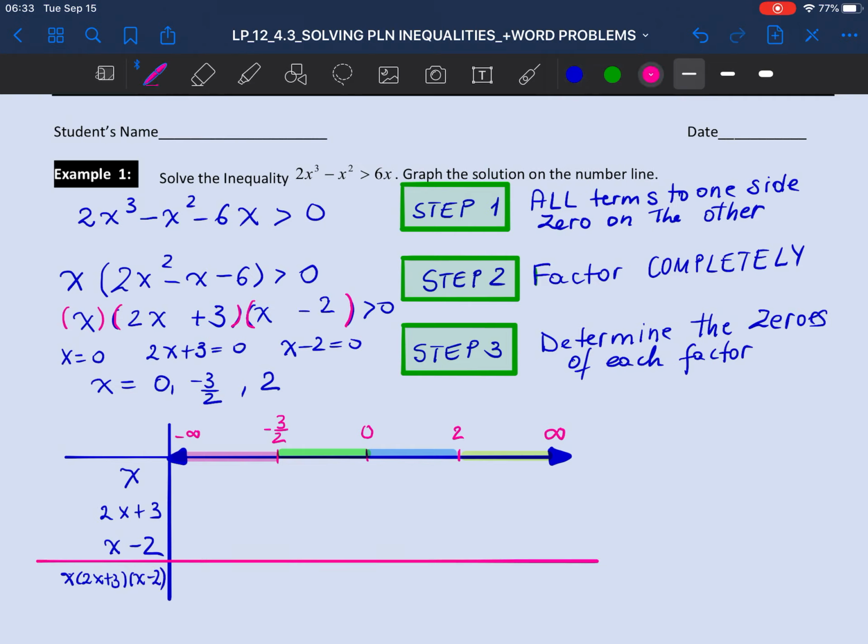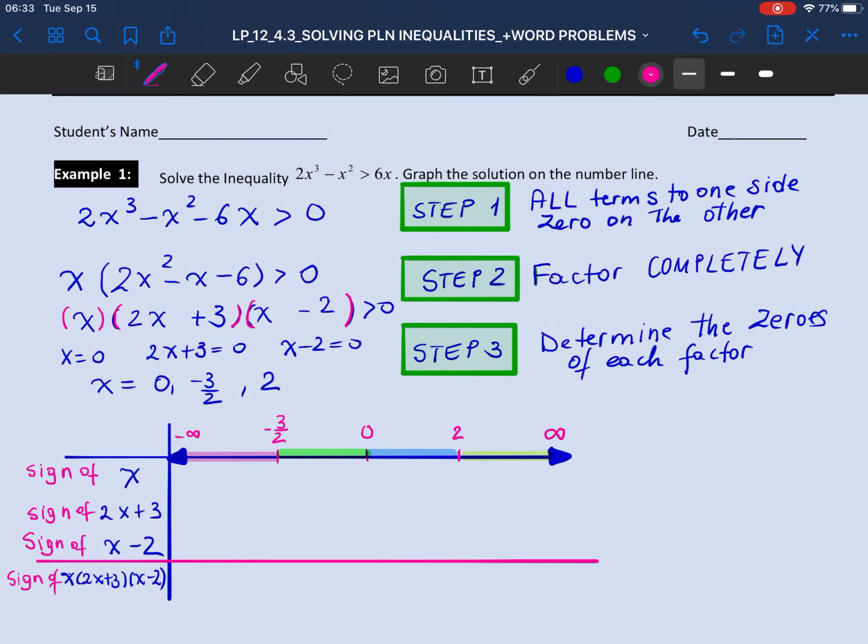What we are trying to do in this step is study the sign of each factor. So the sign of x, the sign of 2x plus 3, and the sign of x minus 2. And based on the signs of each factor, we will decide what sign the whole product would have.